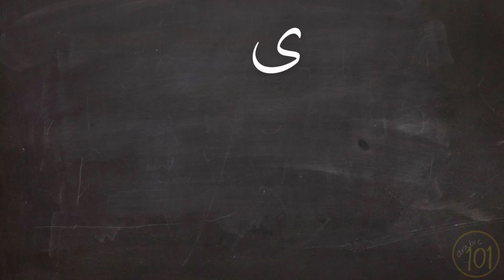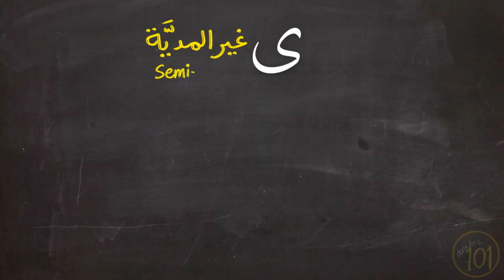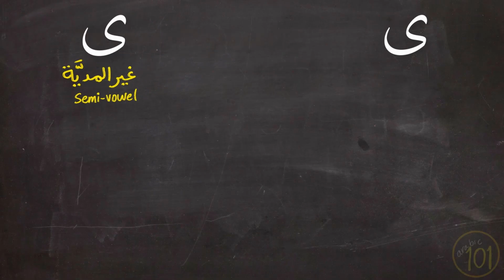Specifically, الياء غير المادية. In English, we call that ya as a semi-vowel. So what is الياء غير المادية, or the semi-vowel? Well, الياء المادية is the ya that functions as a vowel.